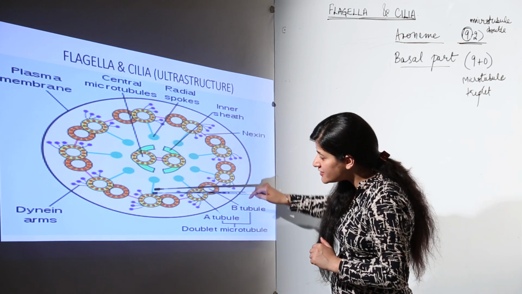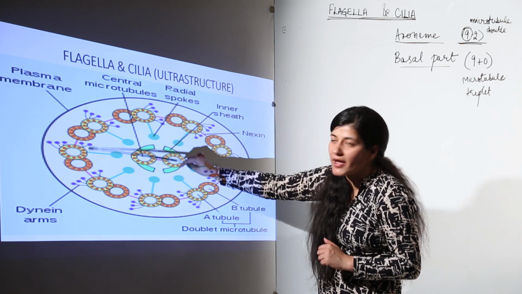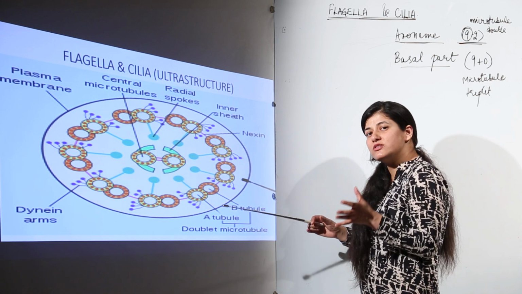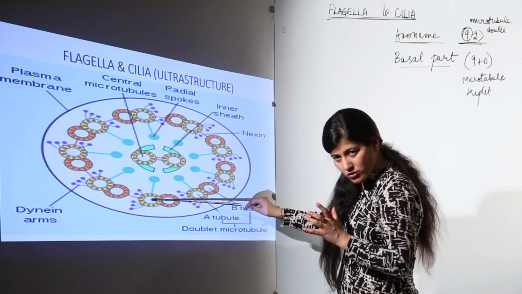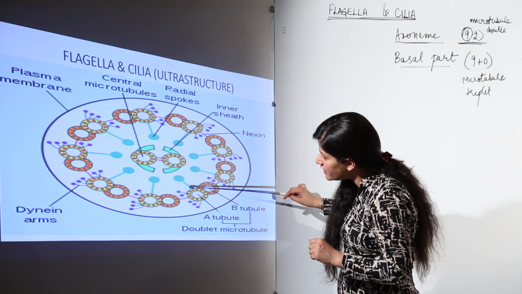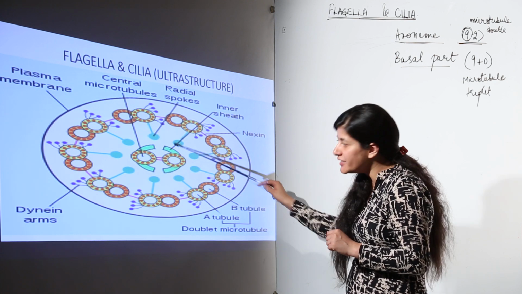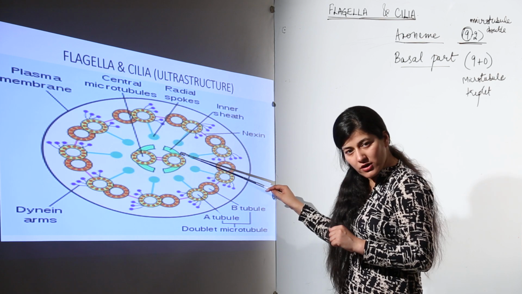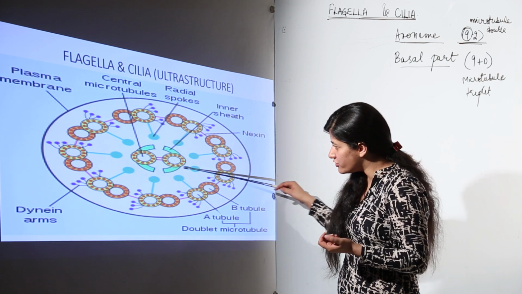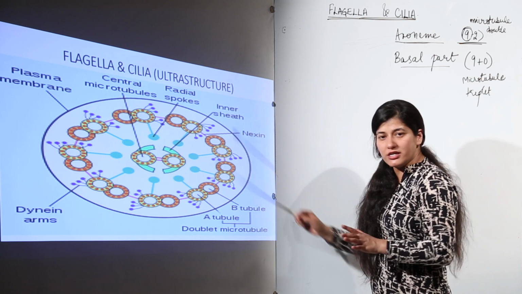There are dynein arms and there is nexin which joins each microtubule to the others so that there is a coordinated movement. Apart from that, the A tubule also extends a radial spoke which is in close contact with the central sheath of the central microtubules. There is a pair of microtubules in the center as well, and there is a central sheath to which each of these radial spokes joins.